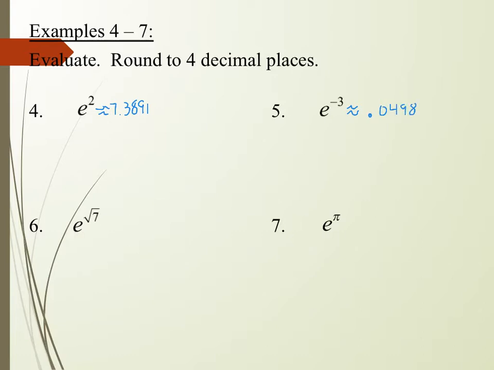Please try this on your calculator. E raised to the square root of 7 is approximately equal to 14.0940, and then e raised to the pi is approximately equal to 23.1407.